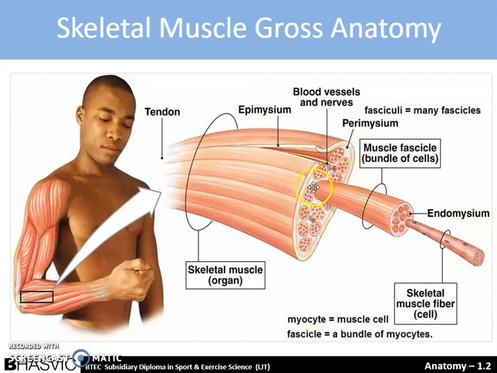Within this, you have the perimysium, a layer that separates the muscle into bundles of fascicles. These fascicles extend through the whole skeletal muscle. Blood vessels and nerves are contained inside the perimysium.